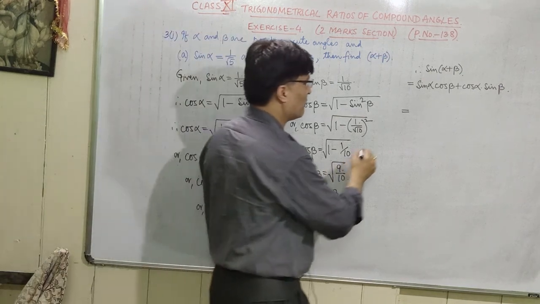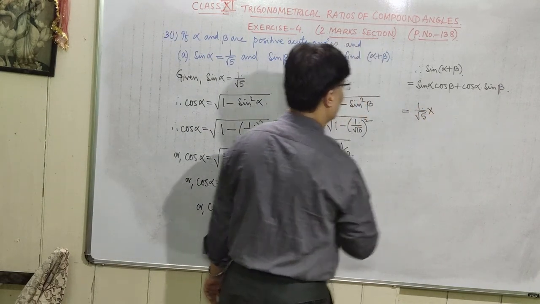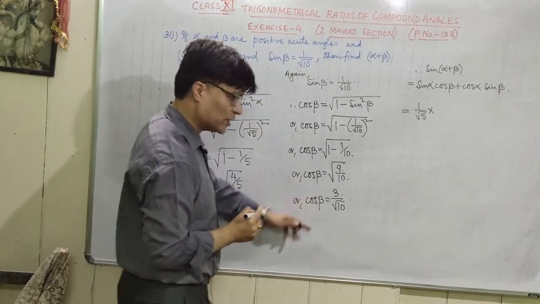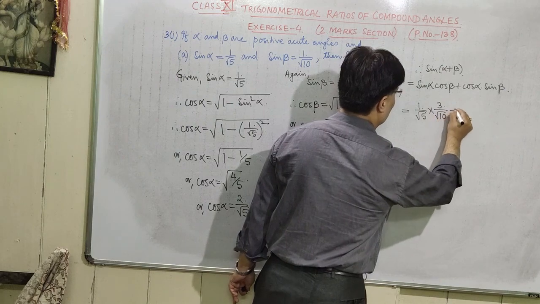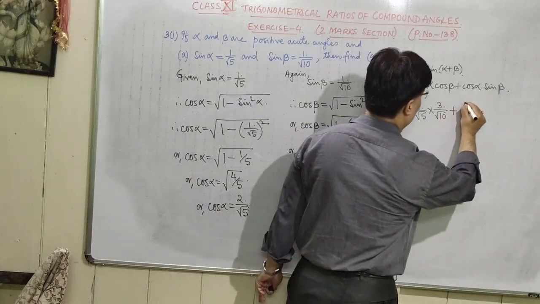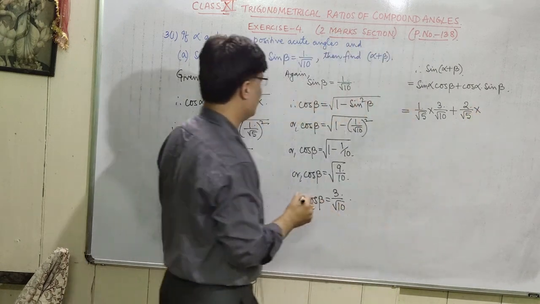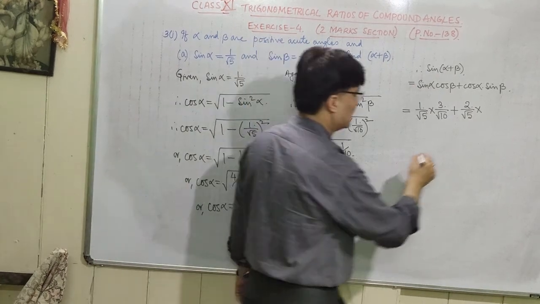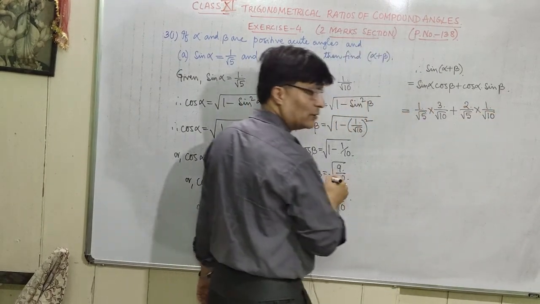It is 1 by root 5, into, what is cos beta? It is 3 by root 10, plus, what is cos alpha? It is 2 by root 5, into, what is sine beta? It is 1 by root 10.